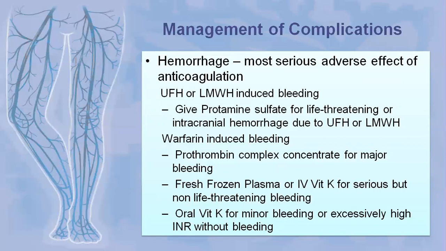In warfarin-induced bleeding, you may give prothrombin complex concentrate for major bleeding, fresh frozen plasma or intravenous vitamin K for serious but non-life-threatening bleeding, or oral vitamin K for minor bleeding or excessively high INR without bleeding.